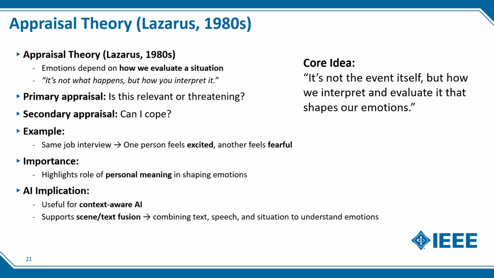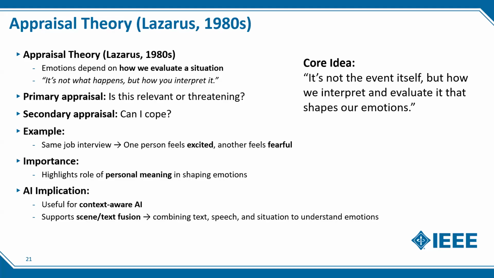The other one is appraisal theory. The core idea is that emotion arises from cognitive appraisal of a situation. Emotion depends on how we evaluate a situation. It is not what happens, but how you interpret it.